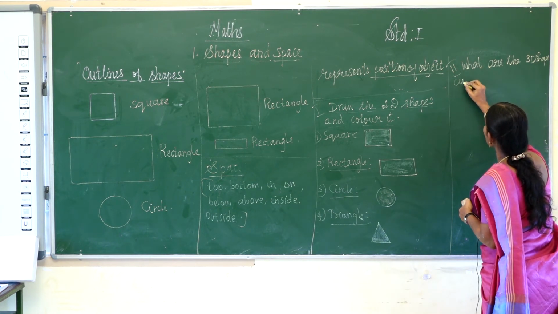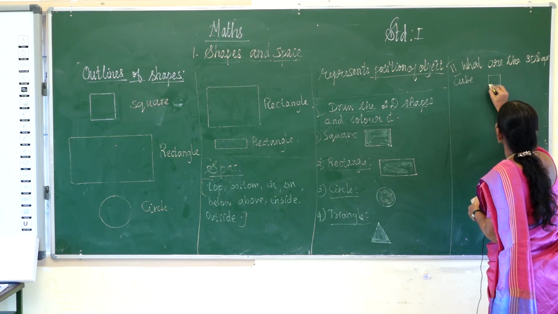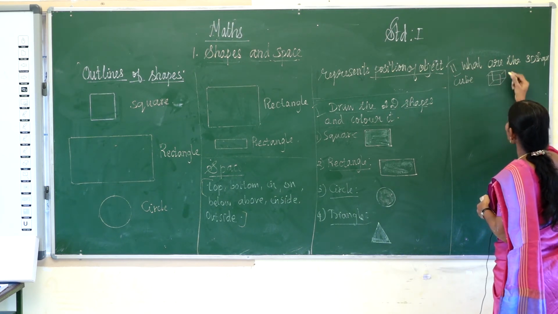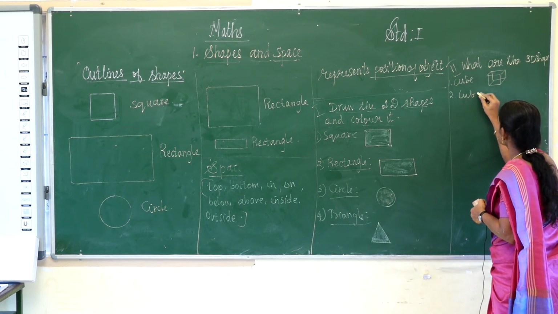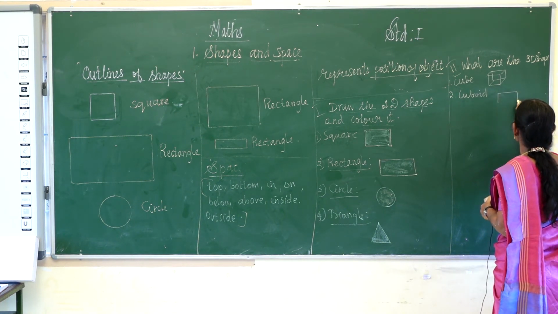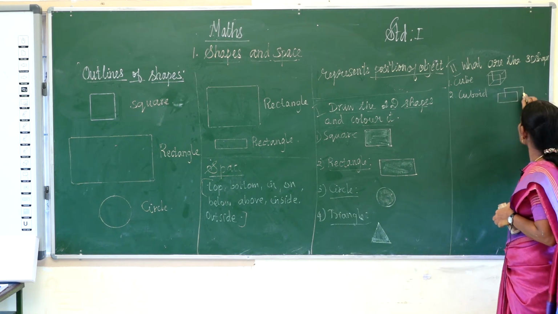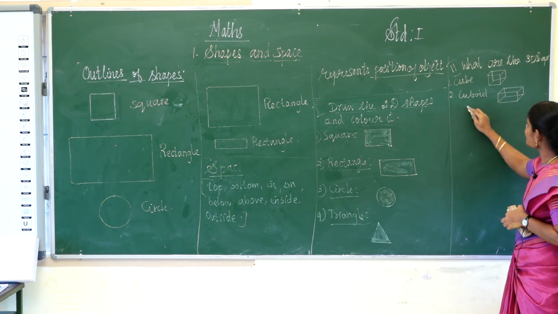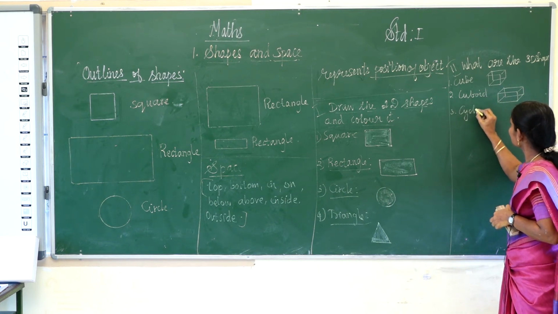Cube. How did you draw cube? Like that. This is a cube. Then cuboid. Second one is a cuboid. How did you draw? First you draw one rectangle, then another rectangle, then join the lines. This is the cuboid. Then third one is cylinder.